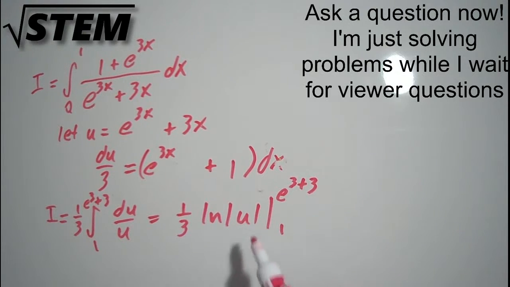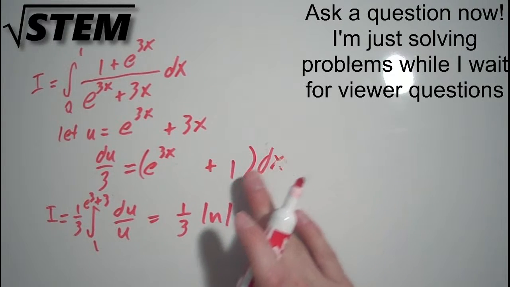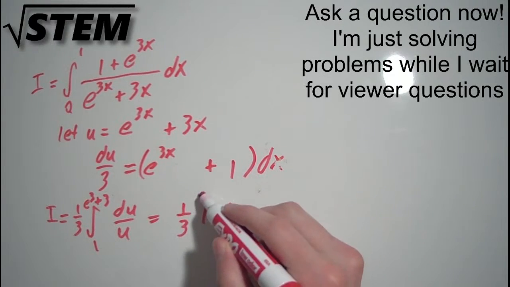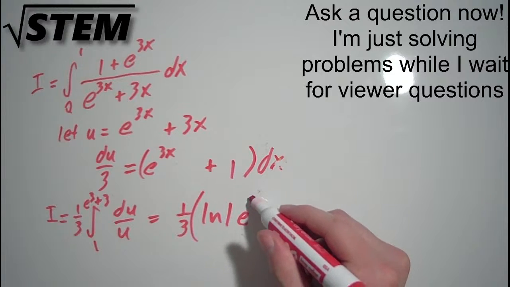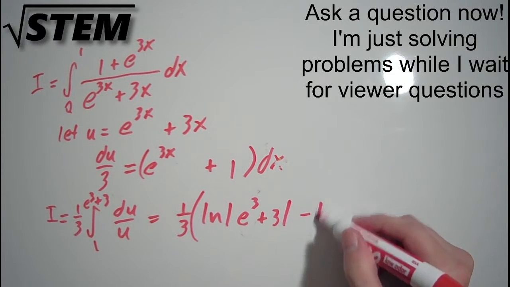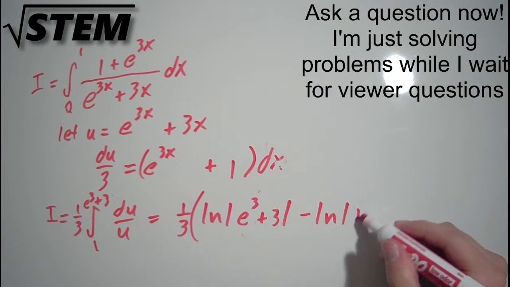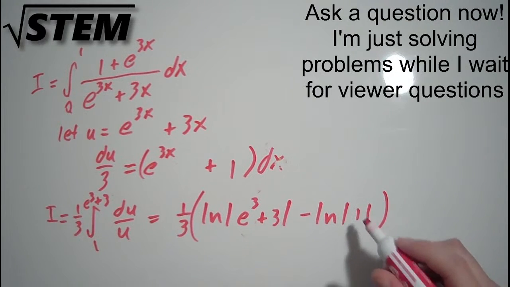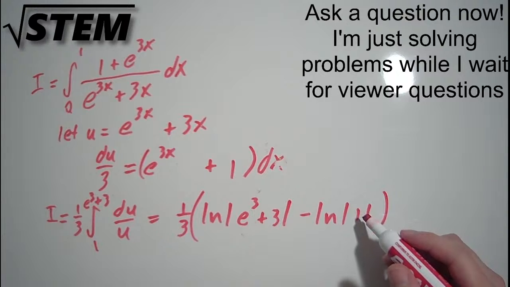I confused myself looking at all these bars back to back. Just going to go ahead and fill that in right here. So the natural log of e to the 3 plus 3 minus the natural log of 1. The natural log of 1 is 0.